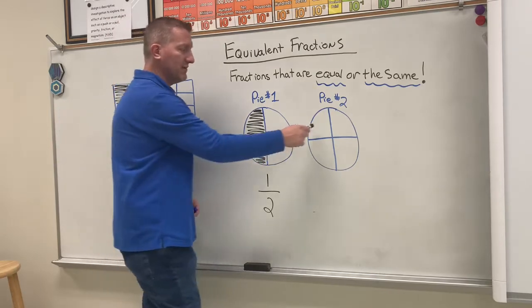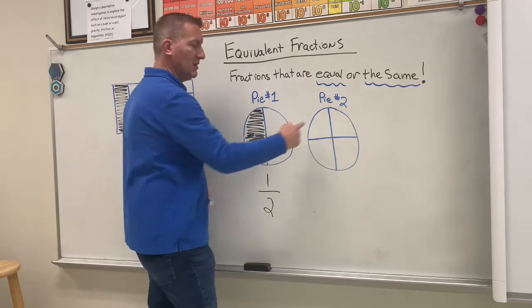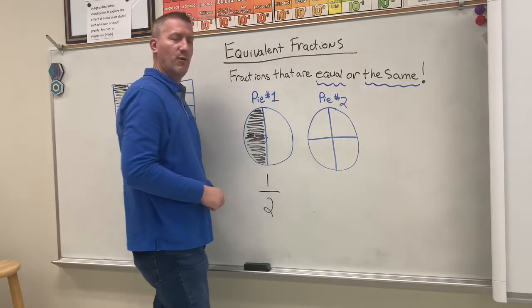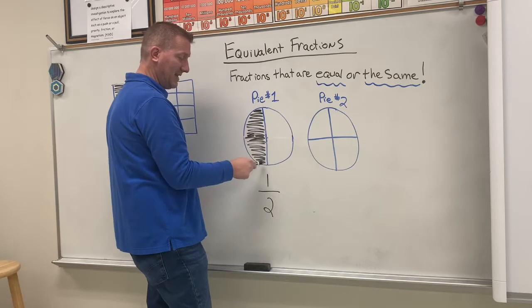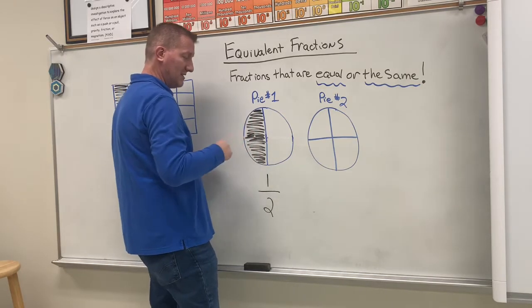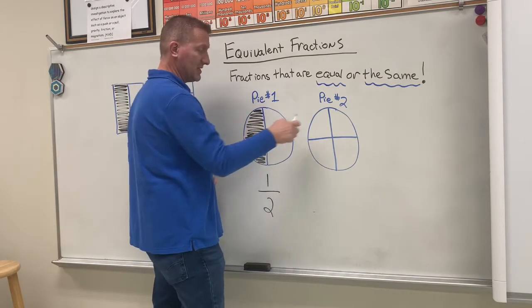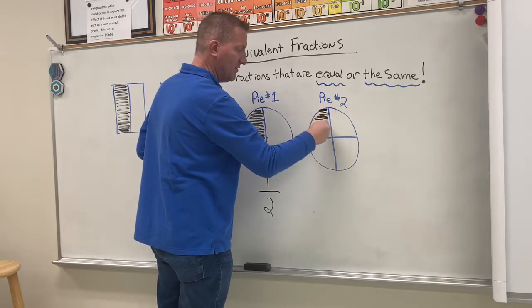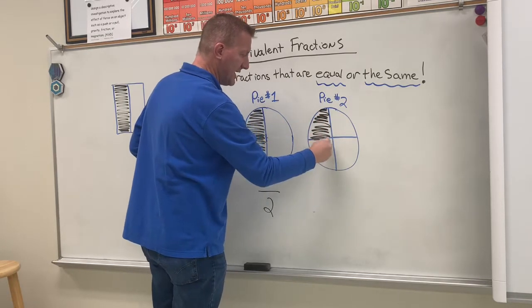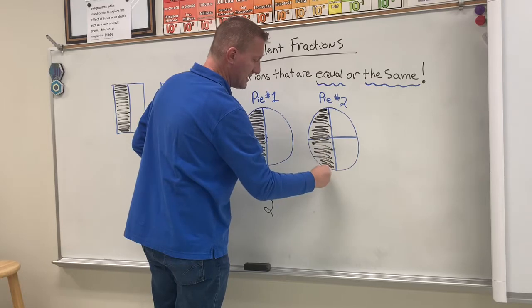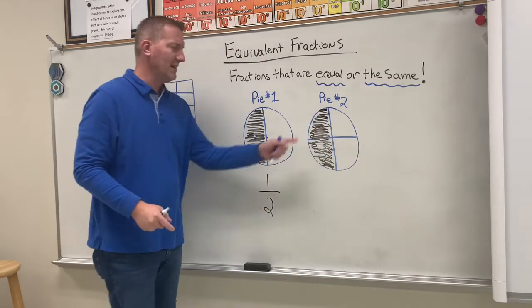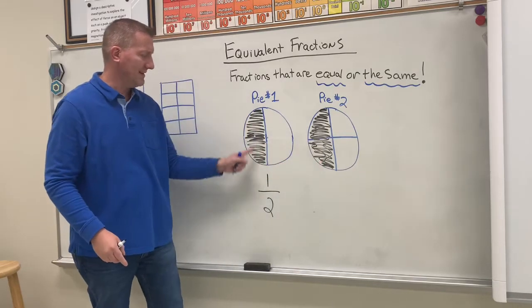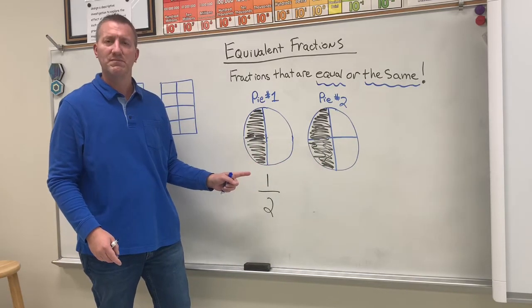If I go over to the second pie, this one is split into 4 sections. If I shade in the same sections that are equal to the section over here, which would be that section and that section, do you agree that this shaded part is equal to this shaded part?